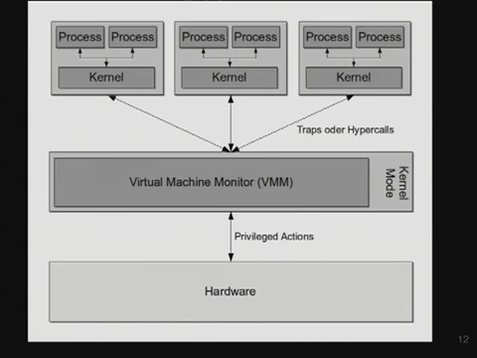The virtual machine monitor in kernel mode is then used to abstract the hardware and redirect disk accesses, network interface cards, and so on. So yeah, all the boxes at the top are guest instances of software, each running on your virtual machine.